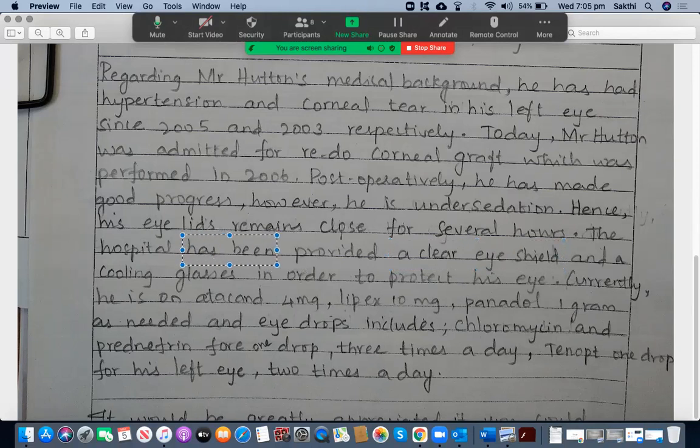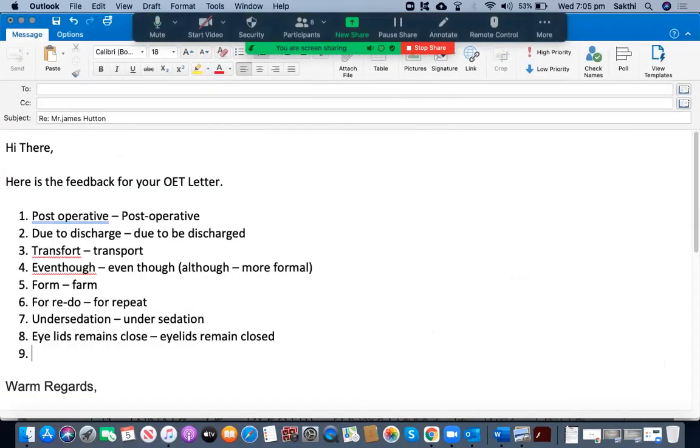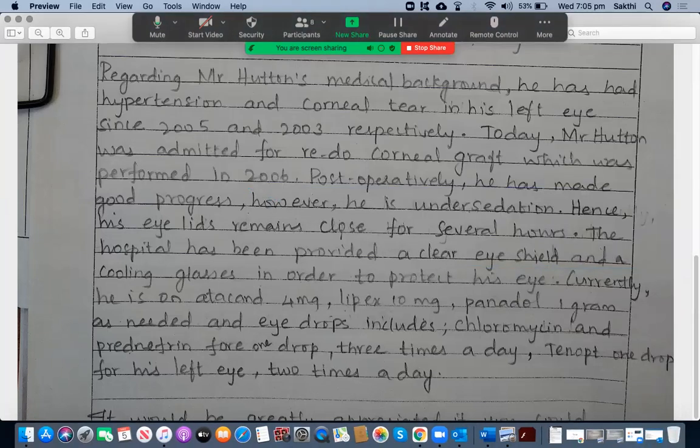Has been provided is wrong. You should say the hospital has provided a clear eye shield and cooling glasses.